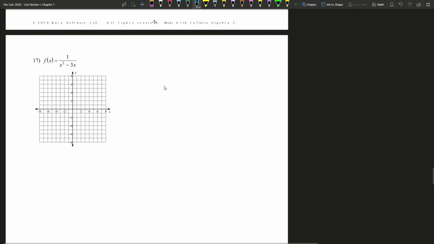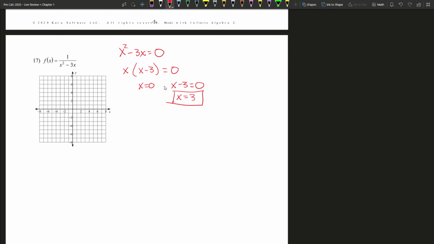This one down here is going to have two asymptotes. The way you know that is because you set your denominator equal to 0, and we can factor that. These two have an x in common. So either x is equal to 0 or x minus 3 is equal to 0.